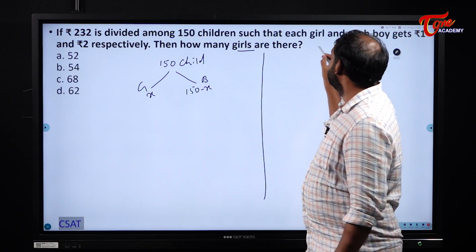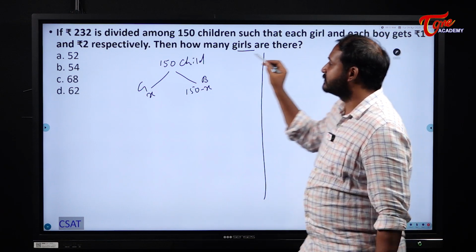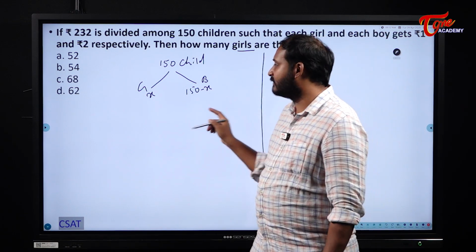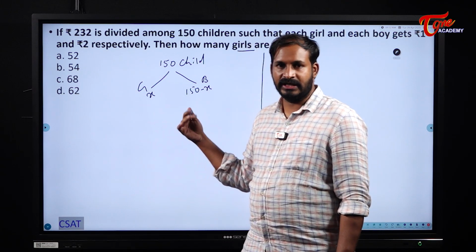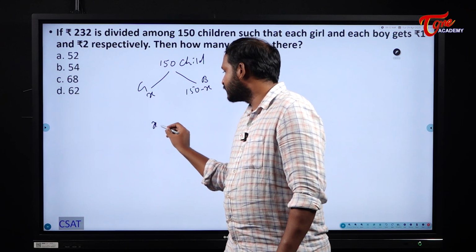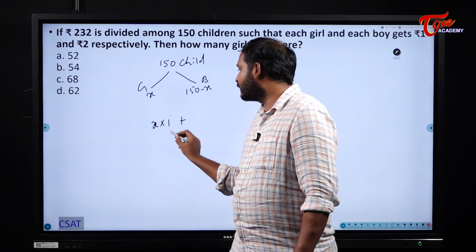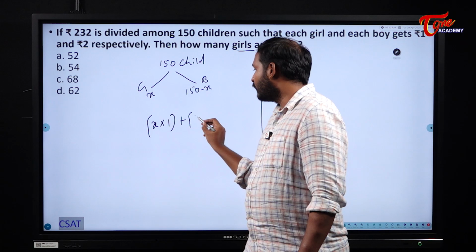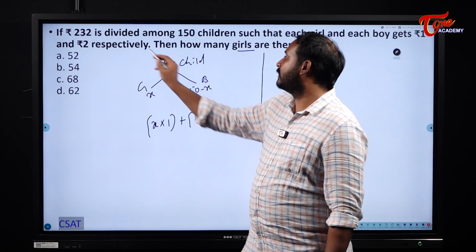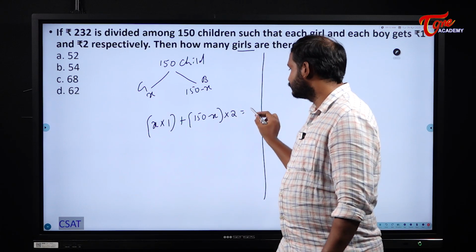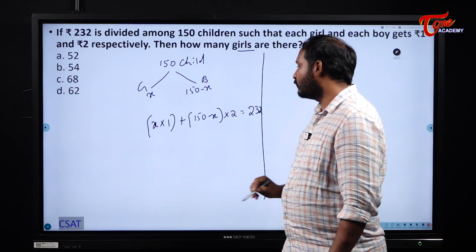Now, each girl and each boy gets 1 and 2 rupees respectively. That means a girl will get 1 rupee and a boy will get 2 rupees. So the total amount taken by girls will be X into 1, plus the amount taken by boys, 150 minus X into 2. This will be equal to my total amount, 232.